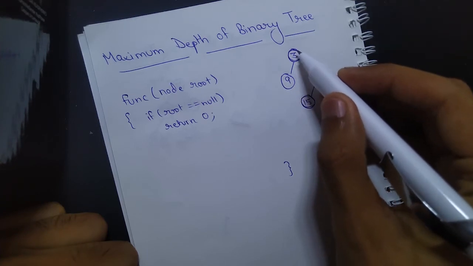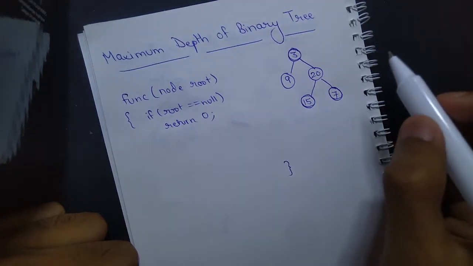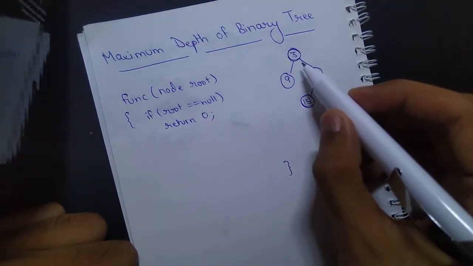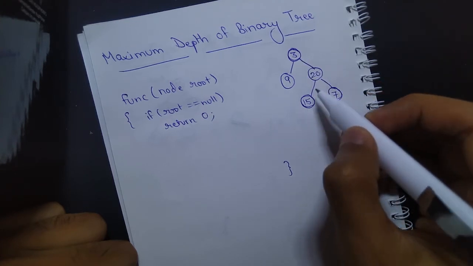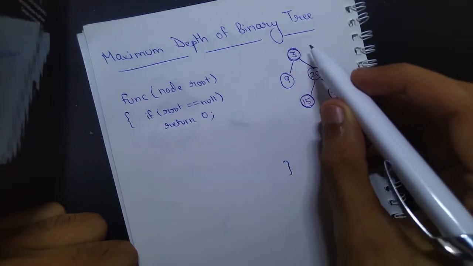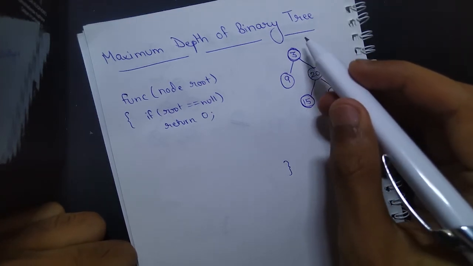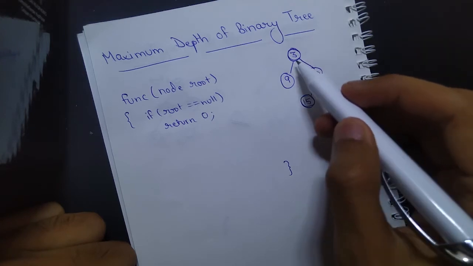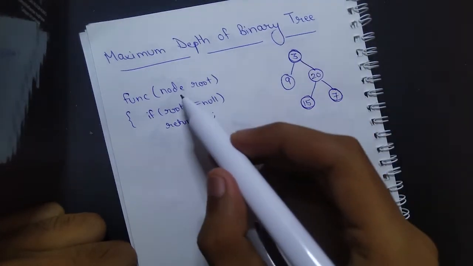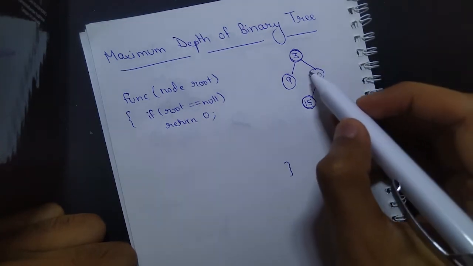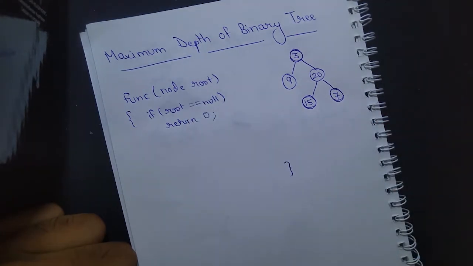So 1 plus 1, this whole 3 node will return 2 from this function. And for the right one, if the right one is the longest, it will be returning 2, and 2 plus 1 for itself. So for the right one, it should return 3. So from 3 and 2, the longest one is 3, so this whole node will be returning 3 from this recursive function. Similarly, all the nodes will be returning values according to this recursion.